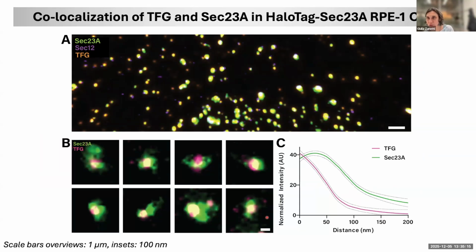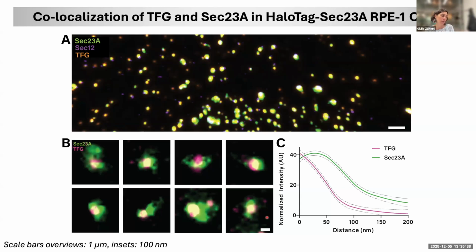Scott, you've worked with John on TFG in the past as well. And there are also a number of models out there, one of which suggests that TFG forms some sort of compartments that separate regions for COP1 vesicles from regions for COP2 vesicles.